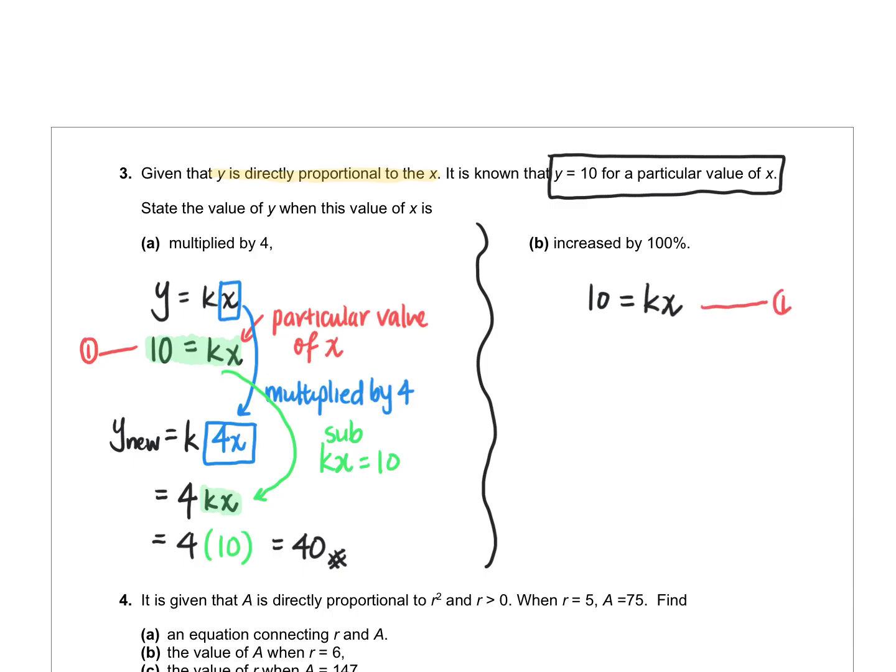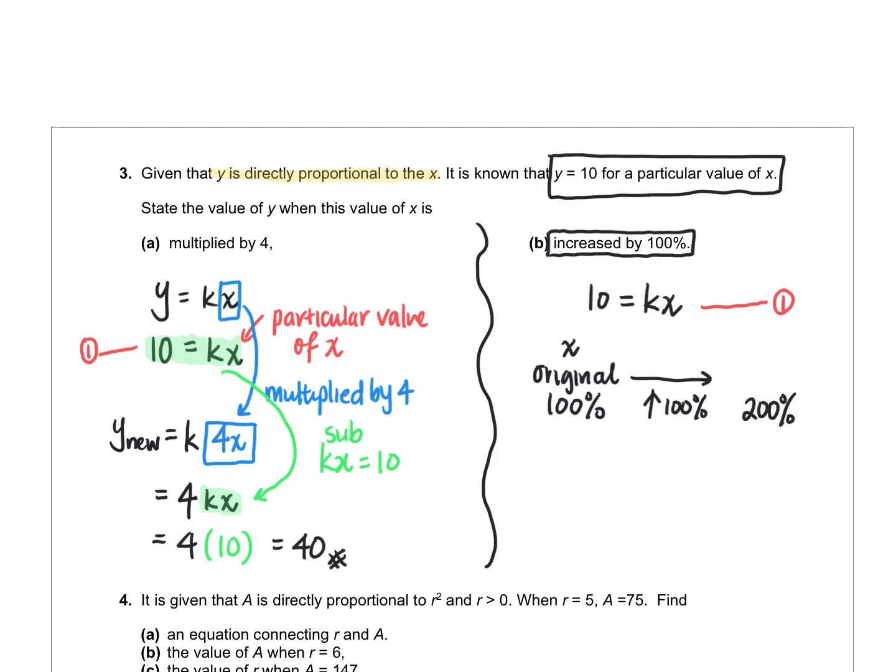Okay, but wait. Now my second information is what if my x is increased by 100%. So take note. Original is 100%. It is x. So now they are saying I want to increase by 100%. So become how many percent? 200%.